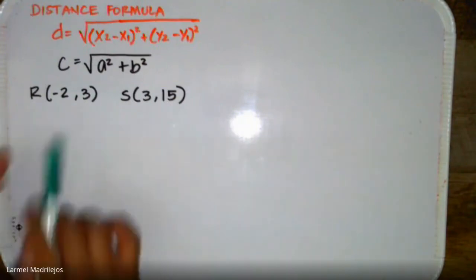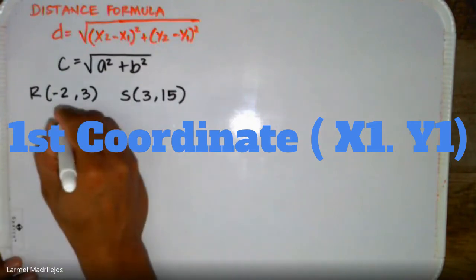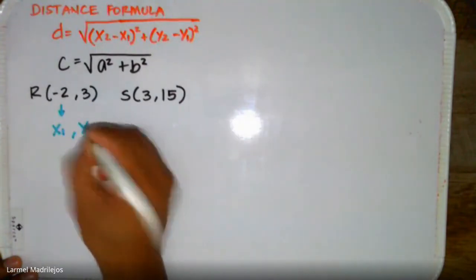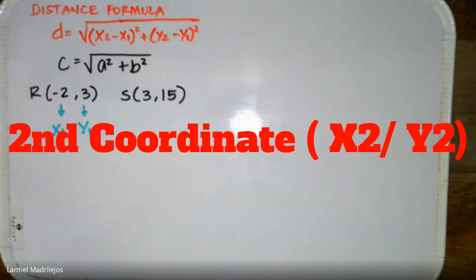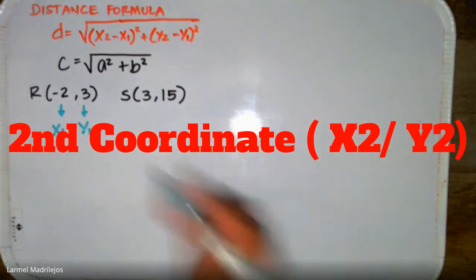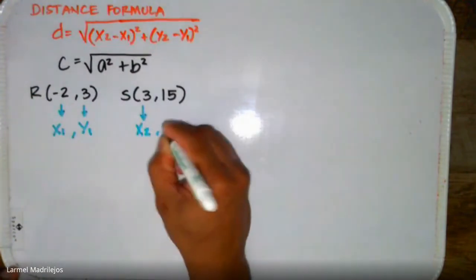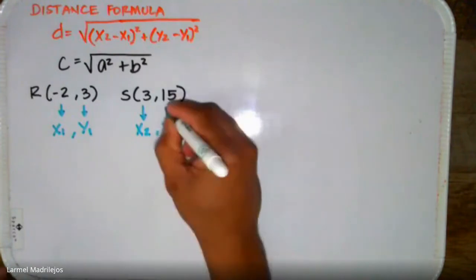Let's put R as the first coordinate, x sub 1 and y sub 1. The second coordinate will be S, so I'm going to write it here, x sub 2, y sub 2.